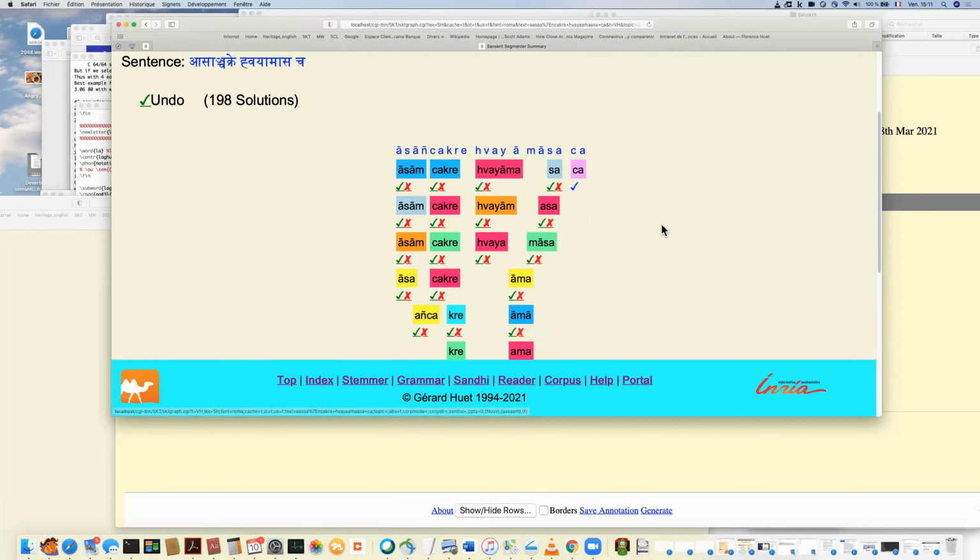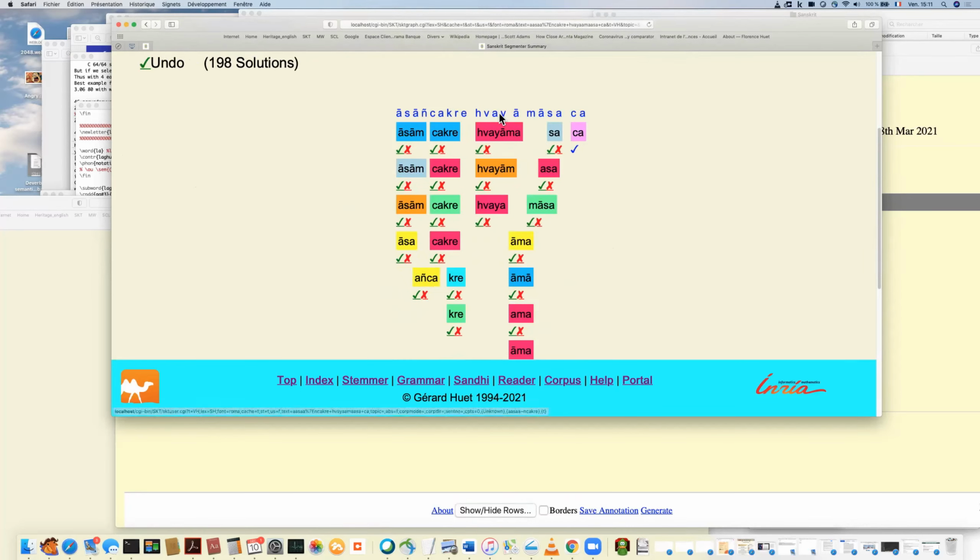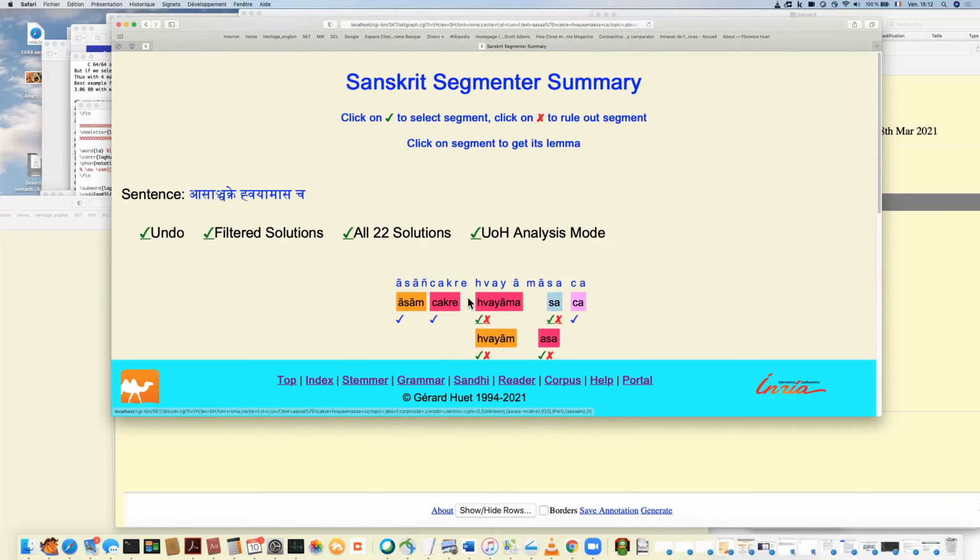See, here you have all kinds of suggestions. But if you take the "asa", which is here orange, this is this special lit, then automatically you will get the chakra. There is no choice.